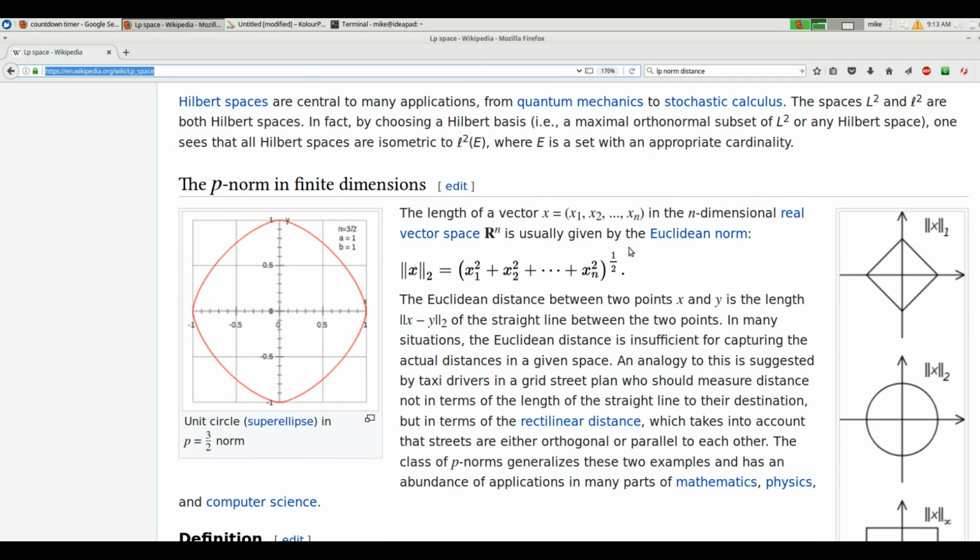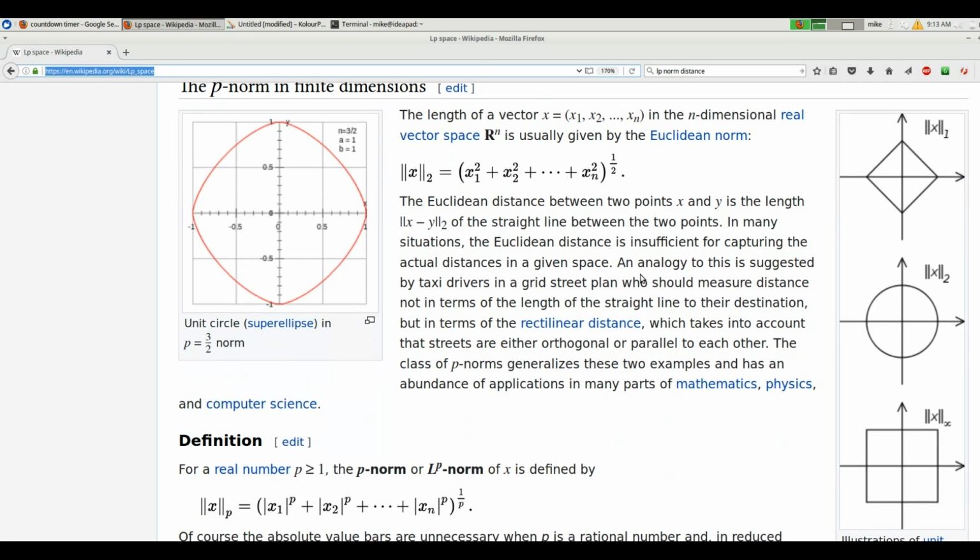So I personally think LP norm has no real value except as an academic curiosity. But there's a lot of people that use it for various purposes, so I don't want to take a stand on that. Okay, I'm going to totally back down on that statement. There are people that use this, and I'm sure they have good reasons. How about that? Okay.